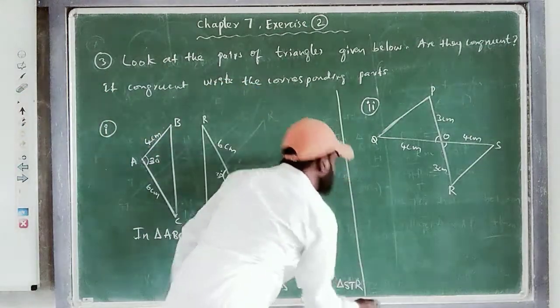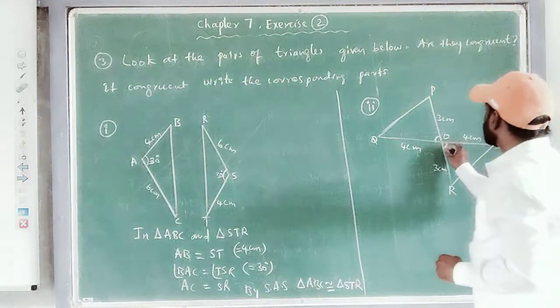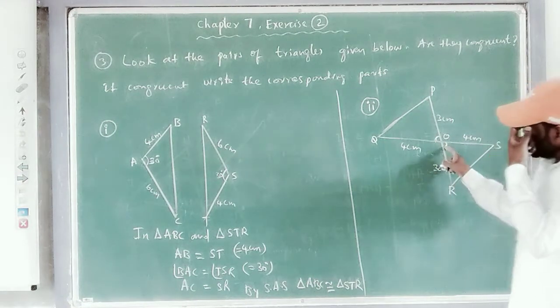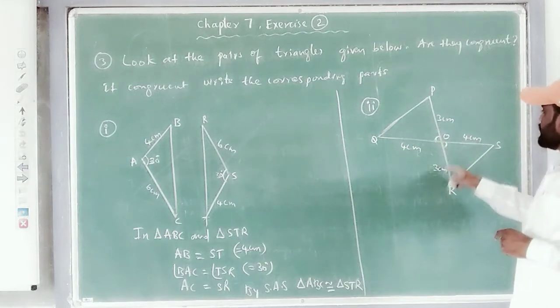Now let's check this pair of triangles. Here you see, the angle symbol is given. That means this is the angle which is equal to the other, right? So this angle is made by these two sides, and this angle is made by these two sides.